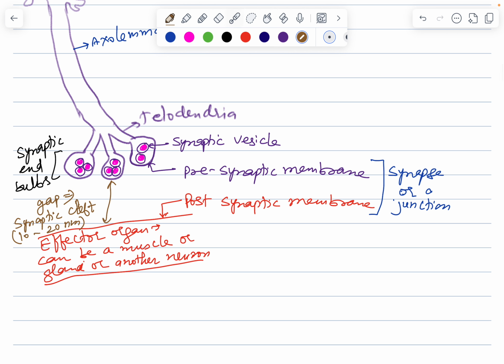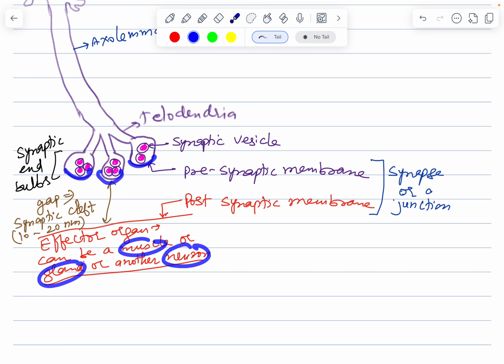Depending on who is the effector organ, muscle, gland or neuron, the synapse can also be called a neuromuscular junction, neuroglandular junction, or neuronal junction.